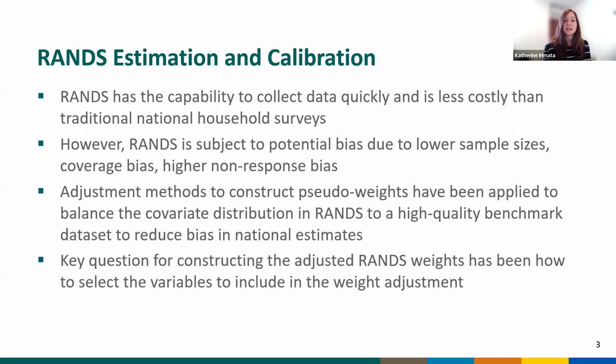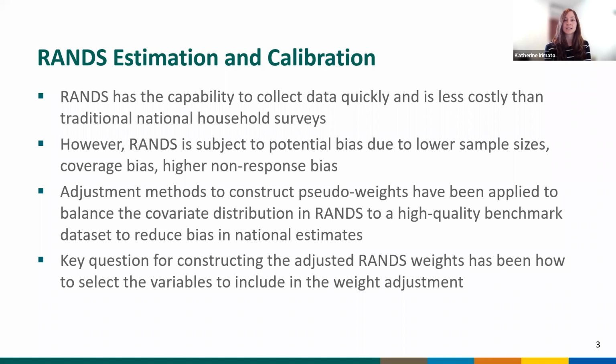Adjustment methods have been used to construct pseudo weights or an adjusted weight in order to balance the covariate distribution in RANDS to higher quality benchmark data sets in order to reduce bias in our national estimates. These adjustment methods have included propensity score-based approaches, which I'll discuss further in this presentation, as well as raking.